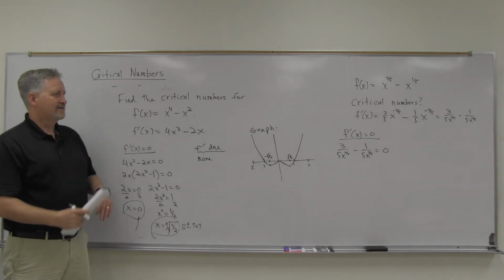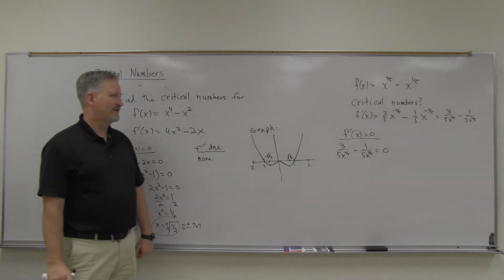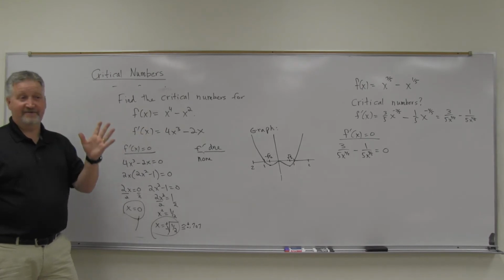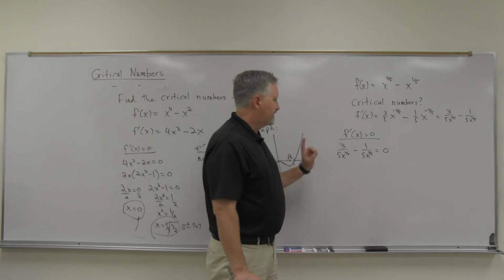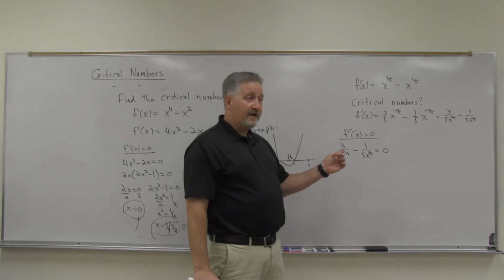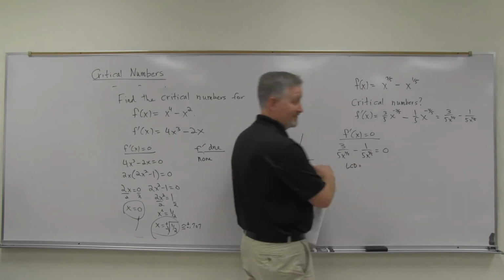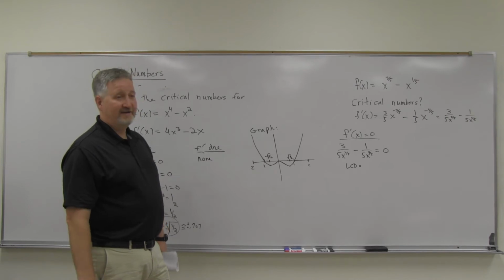So this is sort of a new foray into new territory here, but it's not that bad, okay? Let me show you one way to do this. Think about the least common denominator here, which, again, we probably haven't tackled a whole lot of where you have a fractional exponent.